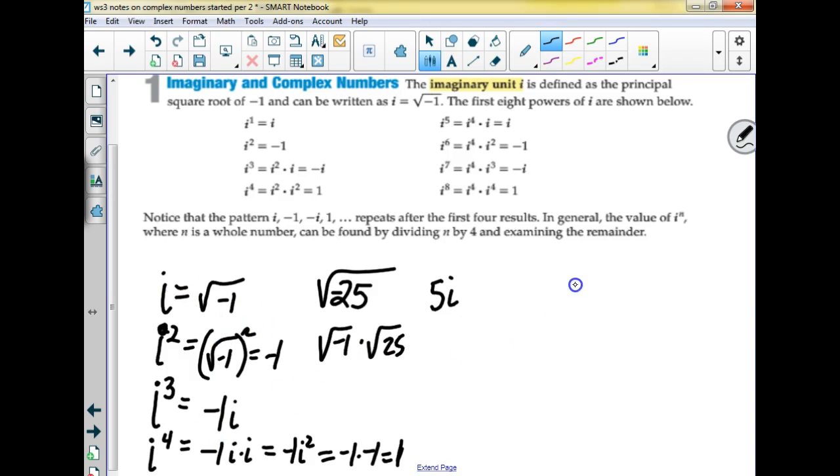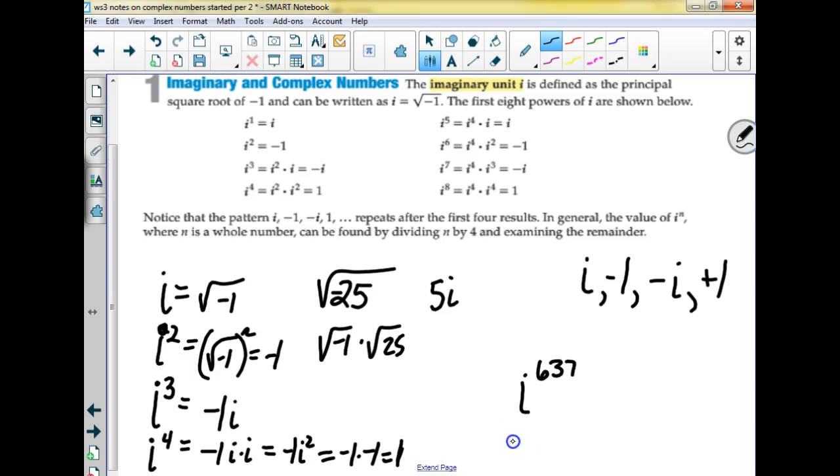When you have any power of I, you could end up with an I, a +1, a -I, or a -1. I did that in the wrong order if you're going to do them in order, but those are the only 4 possible answers, okay?